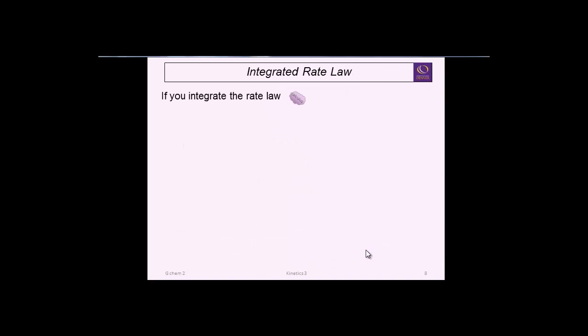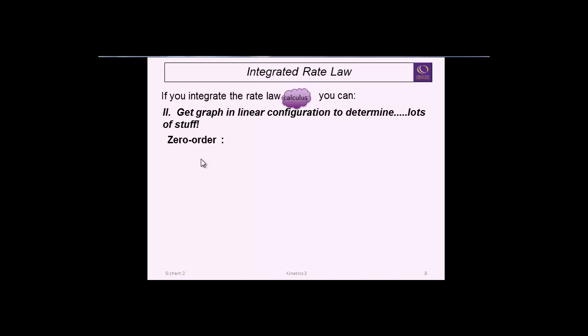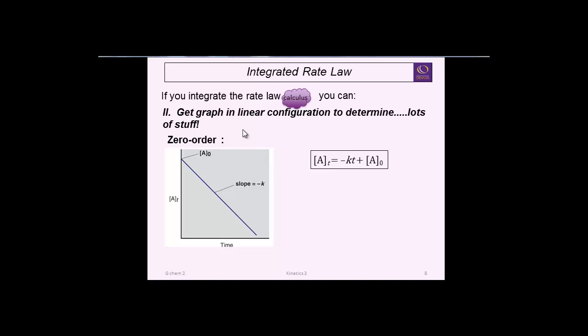If you integrate the rate law with calculus, you can also get a graph in a linear configuration to determine lots of stuff. So if it's a zero order equation, as we've talked about already, you can re-express it in this linear form. And if you graph that, because look, this is y equals mx plus b, right?